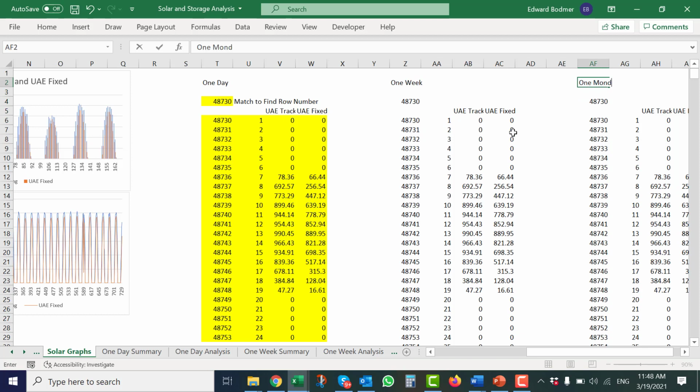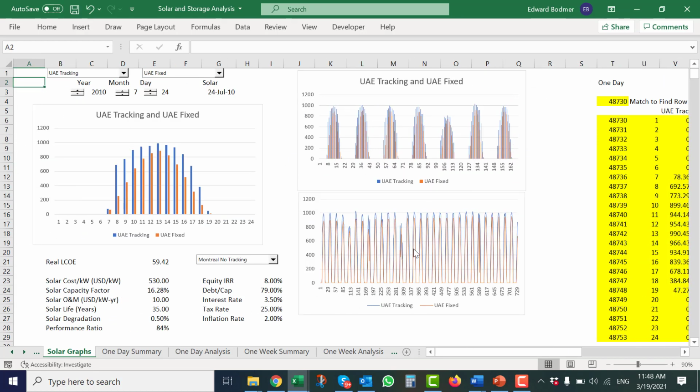Well, the months have different days. That's the painful thing about months. Why didn't they make them the same? But you can take 8,760 divided by 12, and say a month on average has 730 hours. Okay, that's what I did, and that's what I show here.